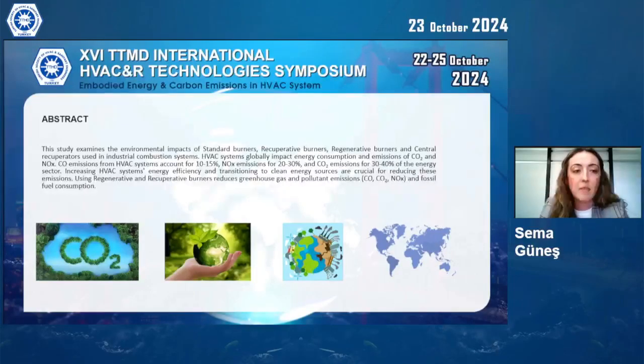HVAC systems account for 10 to 50% of carbon dioxide emissions, 30 to 40% of NOx emissions, and carbon dioxide emissions in the energy sector. The need to improve energy efficiency and transition to clean energy sources has never been more important.